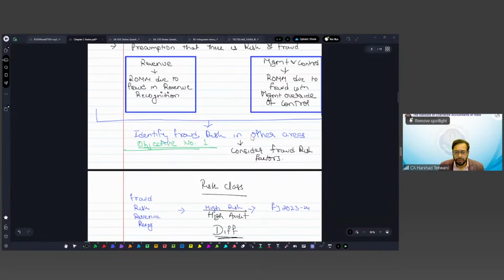As of now, we will not discuss the fraud diamond theory in detail, but it is a theory which talks about more than the triangle. Incentive, opportunity, and rationalization is fine, but the fourth one should be the capability to commit the fraud. That's the diamond theory, just for your information. But basically, we'll now go back to your study material and see what is given and how what we have discussed is linked to that.